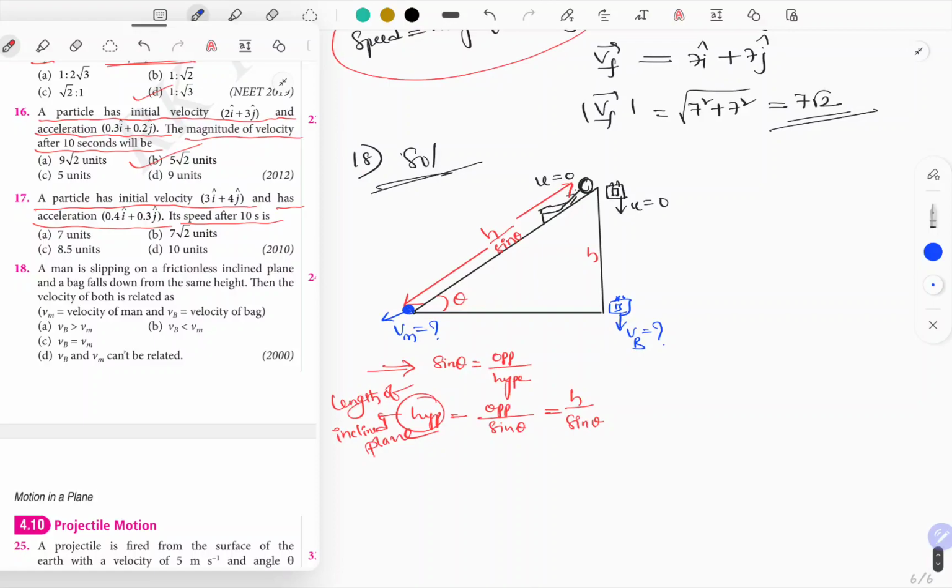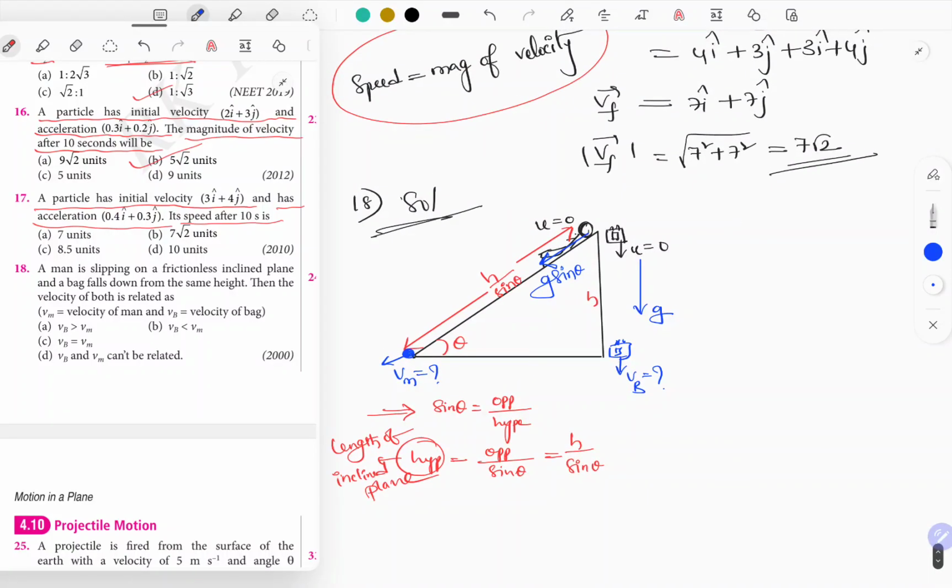Now, one more thing: which acceleration is responsible for displacement of the object on the inclined plane? G sin theta or G cos theta? Whenever any object falls from a certain height, it falls due to acceleration due to gravity. So that is the difference.